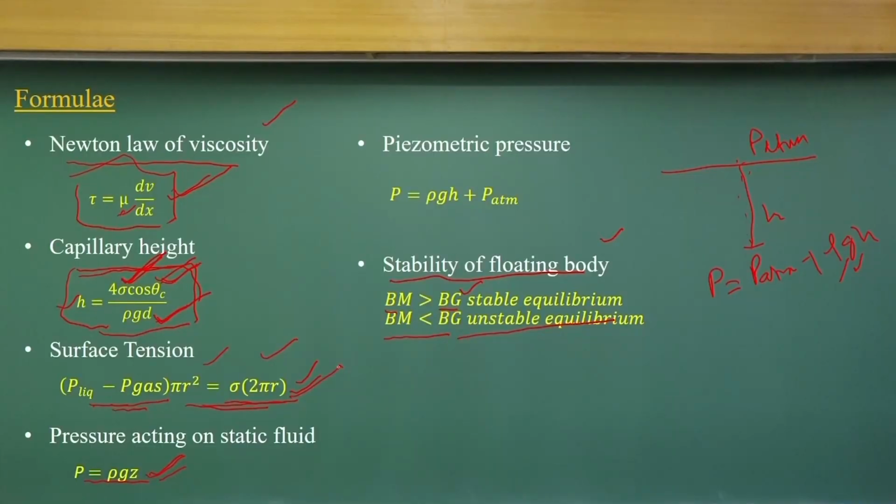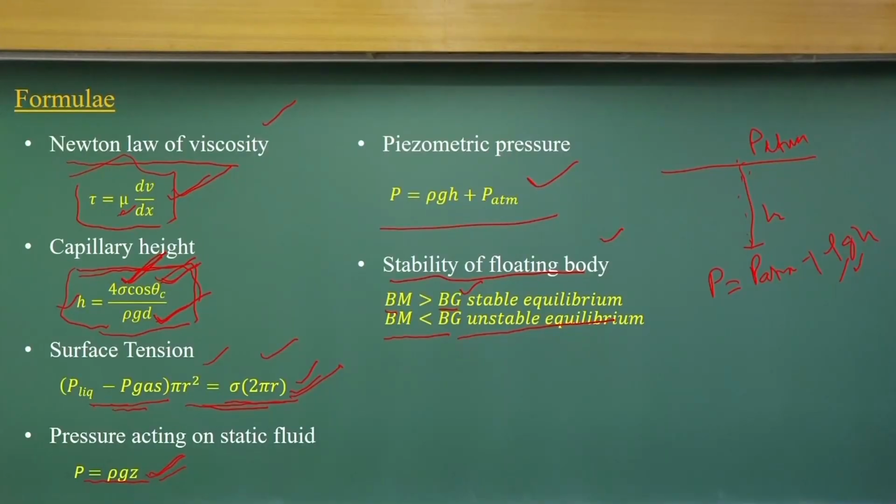and the surface tension forces, that is what we equated. And very simply, the pressure distribution in a fluid at rest, a static fluid, is the weight of the fluid divided by the area.